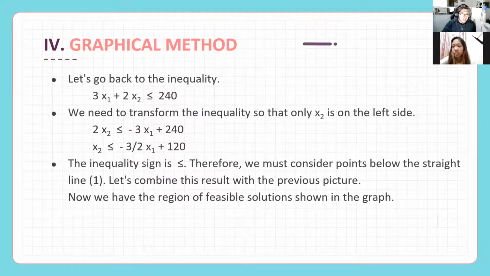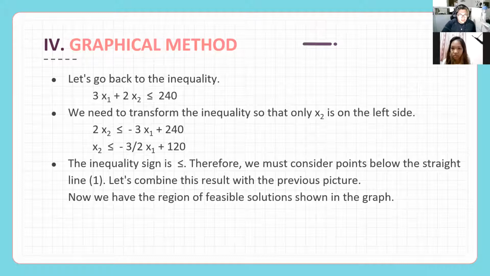Now we can plot the straight line 1 through the two found points. Let's go back to the inequality: 3x sub 1 plus 2x sub 2 is less than or equal to 240. We need to transform the inequality so that only x sub 2 is on the left side. 2x sub 2 is less than or equal to negative 3x sub 1 plus 240, and x sub 2 is less than or equal to negative 3 over 2 x sub 1 plus 120.